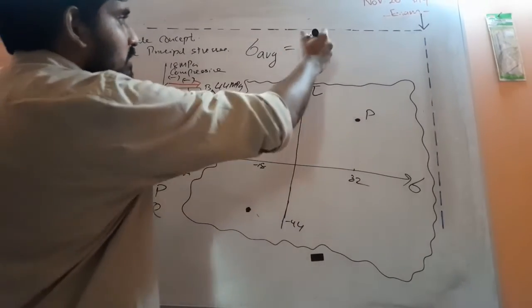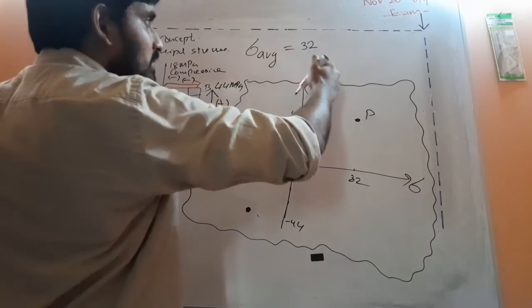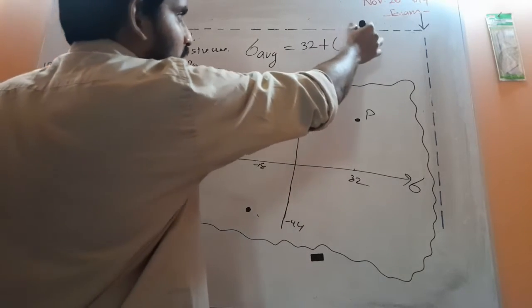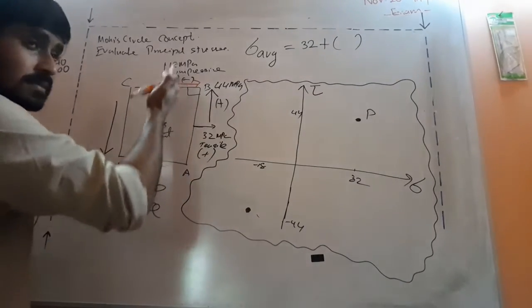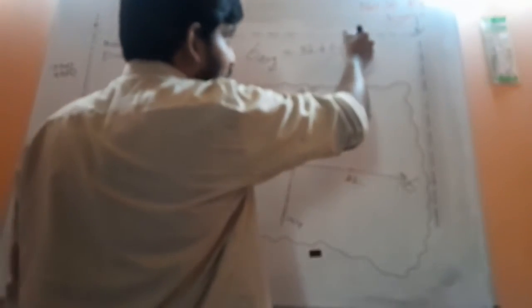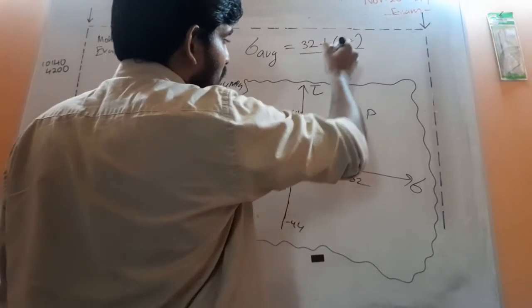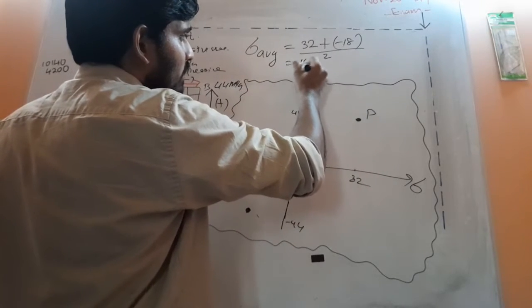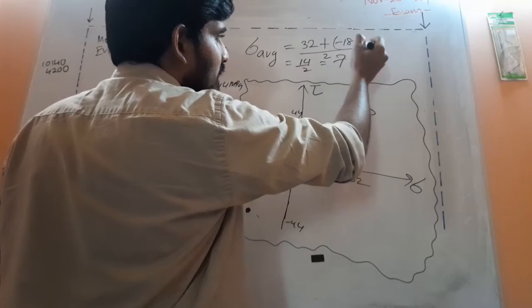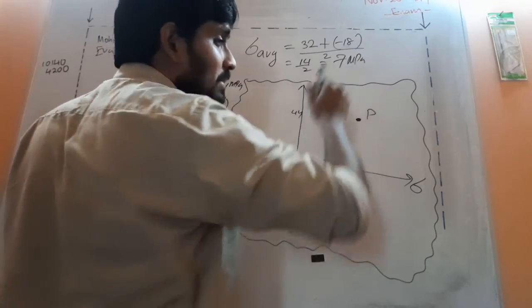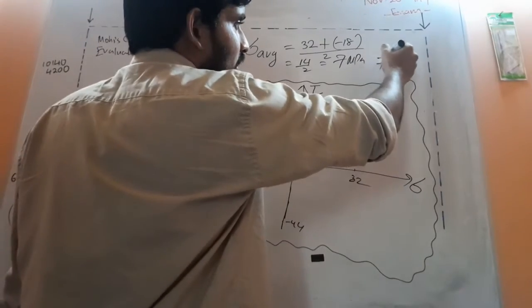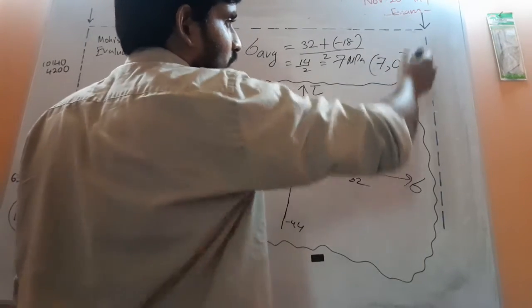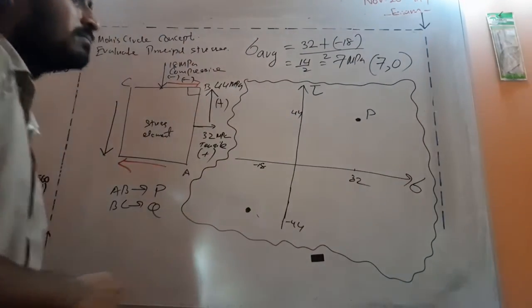So the first normal stress is 32 megapascal positive, plus the second normal stress, 18, but it is negative because it is compressive type. So minus 18, divided by 2. I think the answer is 14 divided by 2, so 7 megapascal. So what is the coordinate of the center? 7, 0, because the y coordinate is 0, right?